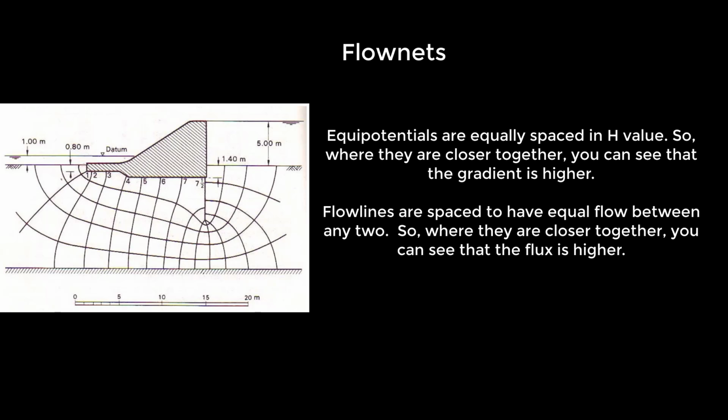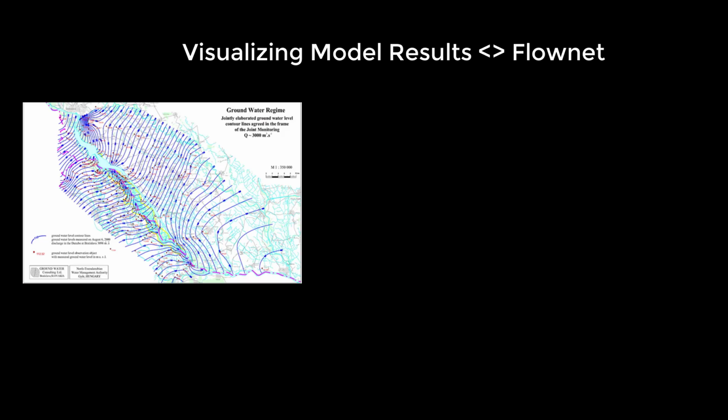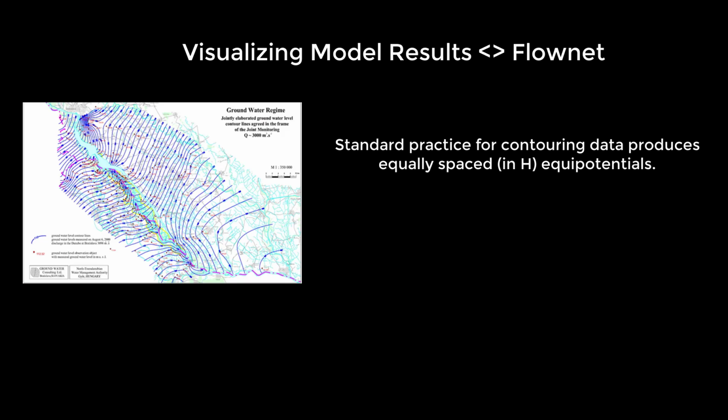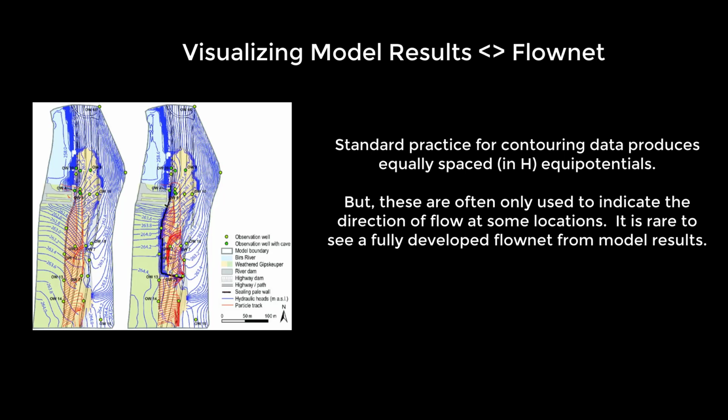Now, when I say that this can help you to look at model results, it's pretty natural for a model that outputs head distribution everywhere to contour that with a constant interval. That's just the way we do things. But if you want to track how water moves through the system, it's also very usual to drop particles and watch those particles move. And these traces give you an idea of the direction that water's moving through the system.